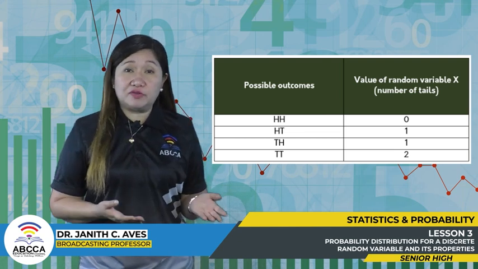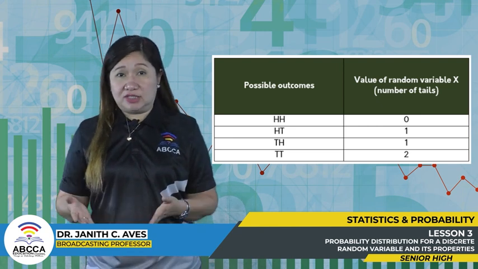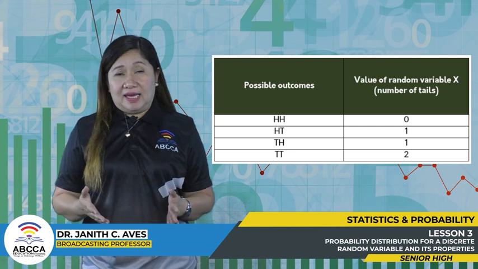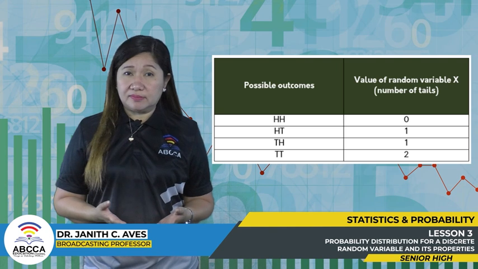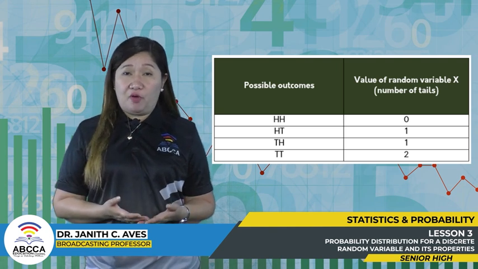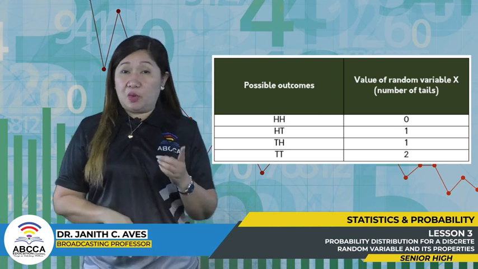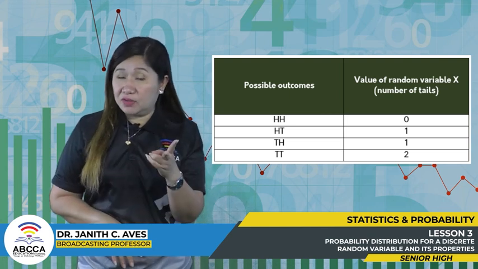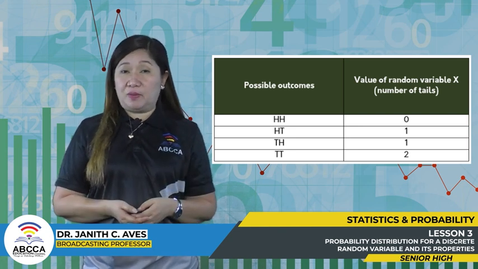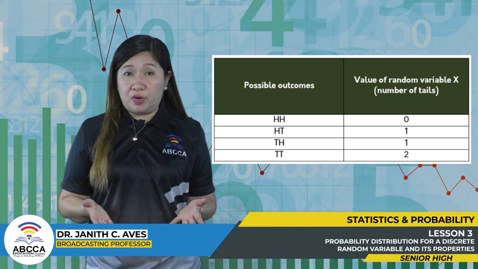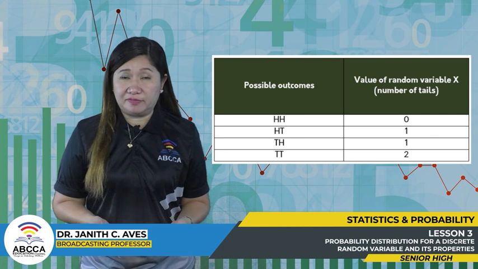Now, we will get the probability of the value of the random variable X. In the case of no tails, we have one outcome, which is HH, that is head-head. And getting the probability gives us 1/4, the denominator being 4 because we have 4 possible outcomes. For one tail, we have 2, which are HT and TH, which gives us a probability of 2/4, or when reduced to lowest term is 1/2.